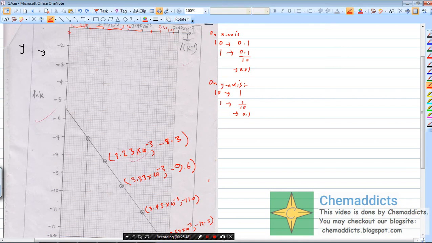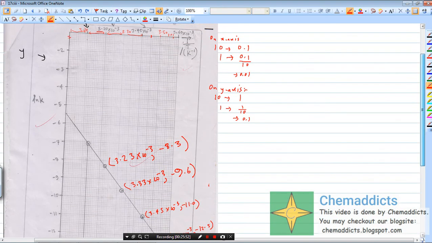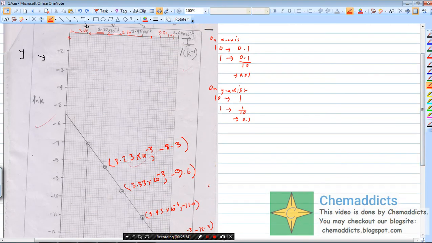So let us find the 3.23. So this is 3.20 over here. So we're gonna move 3 boxes right and all the way down until we find minus 8.3. Okay, so that is how we're gonna find the points on the graph. Okay, so it's really easy, just like simple graph plotting.